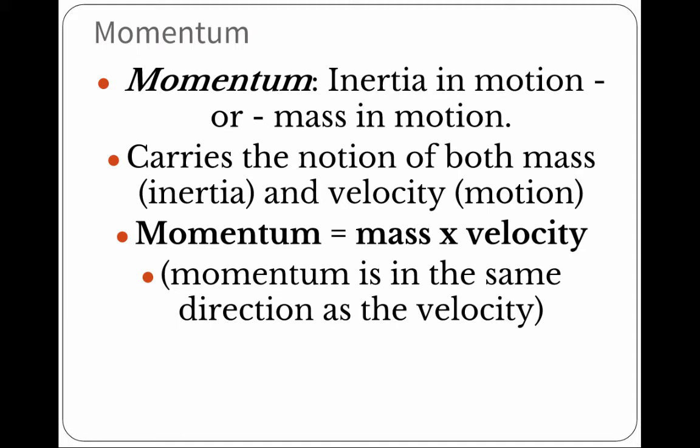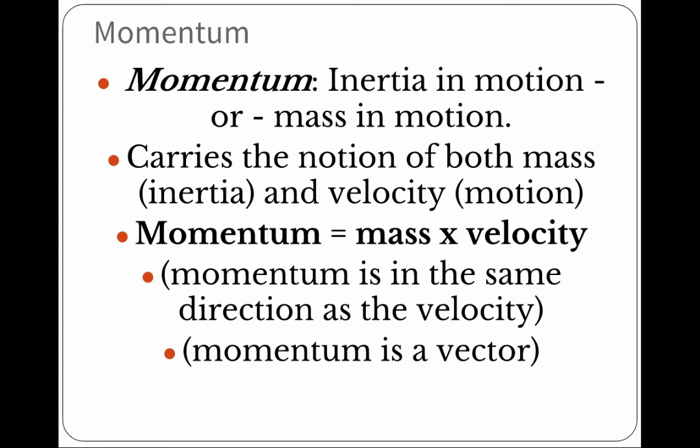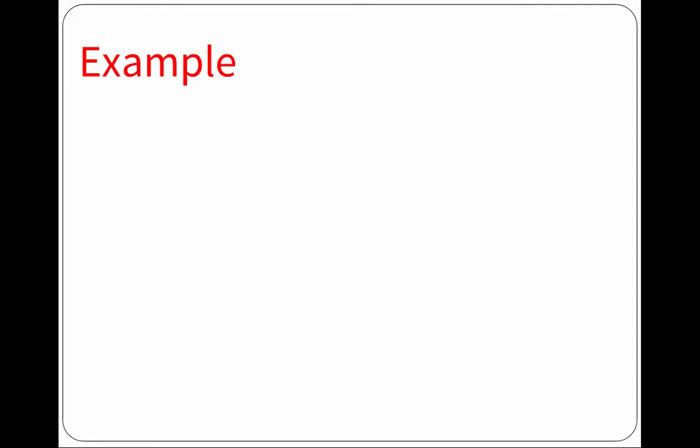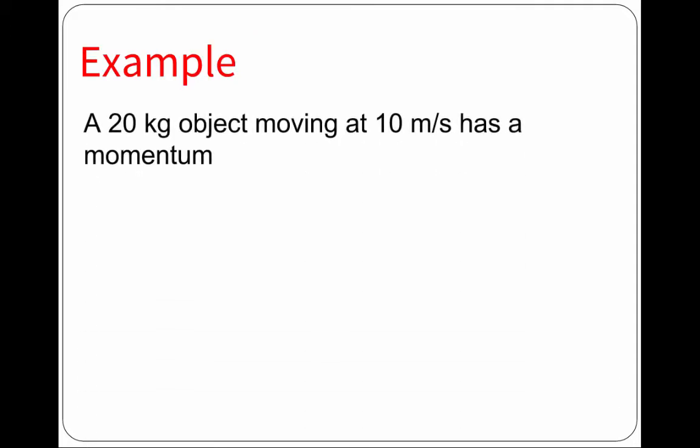Momentum is in the same direction as the velocity, and it has to be. Momentum then is a vector because it has a direction associated with it. So for example, a 20 kilogram object moving at 10 meters per second has a momentum of 200 kilogram meters per second, mass times velocity.